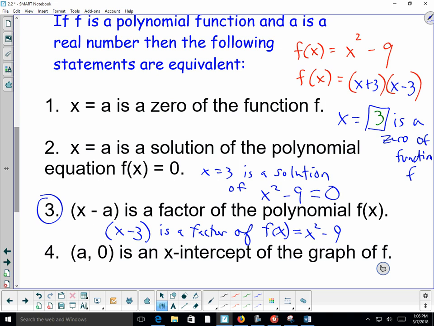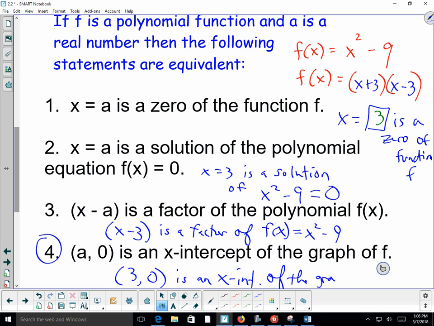So for number 4 here, we can say 3 comma 0 is an x-intercept of the graph of f of x equaling x squared minus 9. So I just used that example of f of x equaling x squared minus 9 as our working example to show how we could make 4 very closely related statements about the zeros. Are we okay with this?